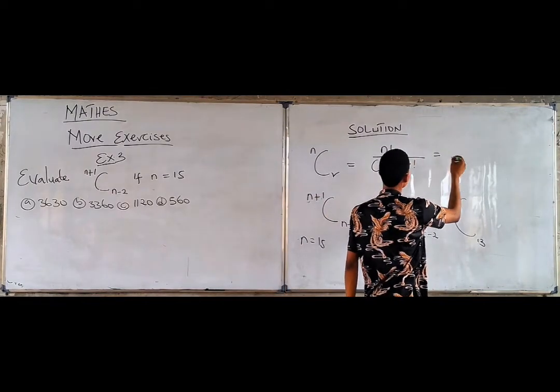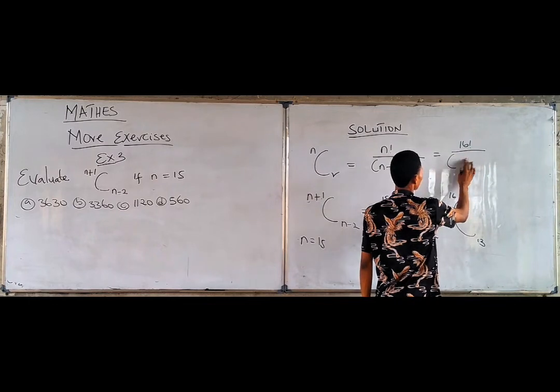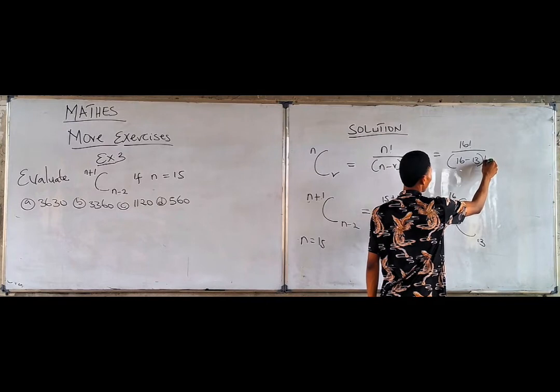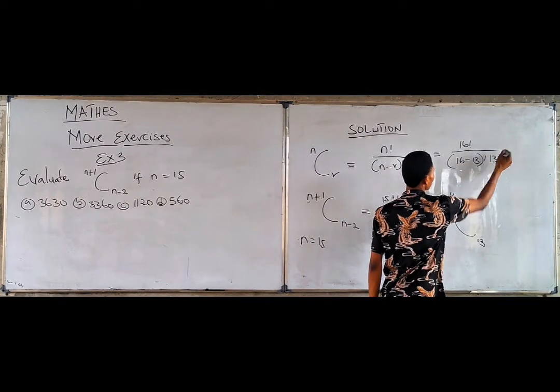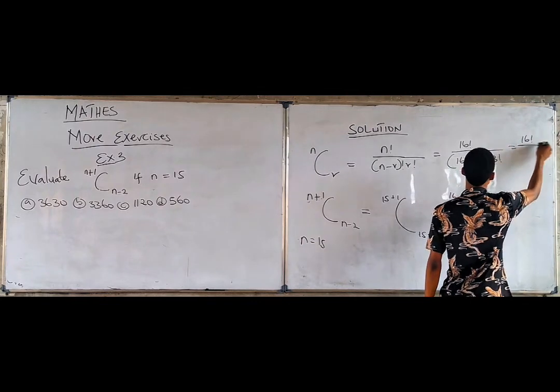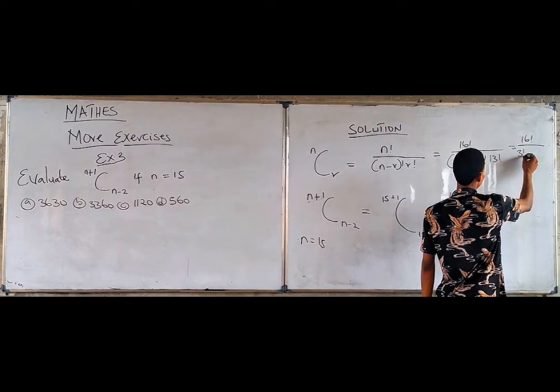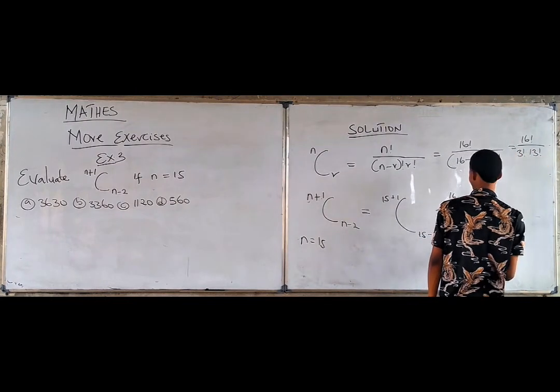We'll be having 16 factorial all over 16 minus 13 factorial, 13 factorial, is it not? So this is same thing as saying 16 factorial all over 16 minus 13 is what? 3 factorial, 13 factorial, right?